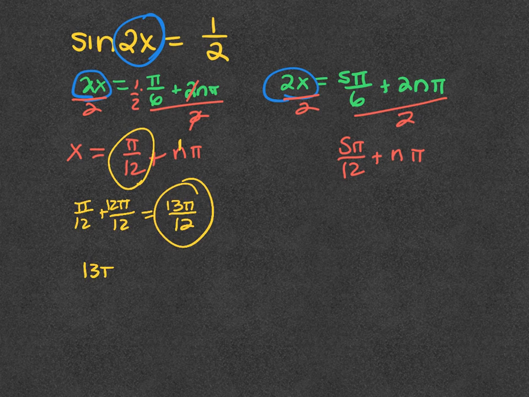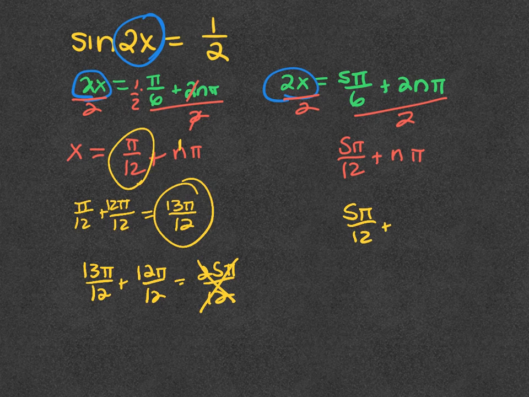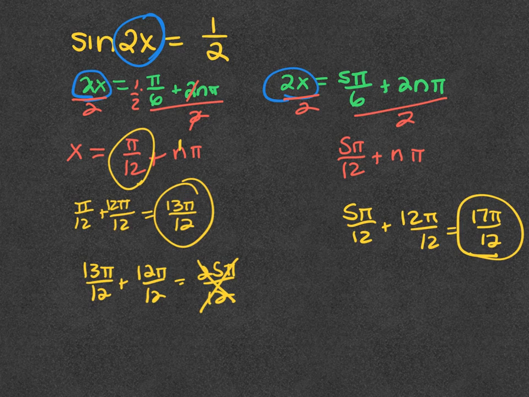And then I would repeat that process again. And this time it's too big, so I know to stop. If it wasn't too big, I would have kept it. I have to do it to that one, and I have to do it to 5 pi over 12. 5 pi over 12 plus 12 pi over 12 is 17 pi over 12. That's less than 2 pi, so I keep it.